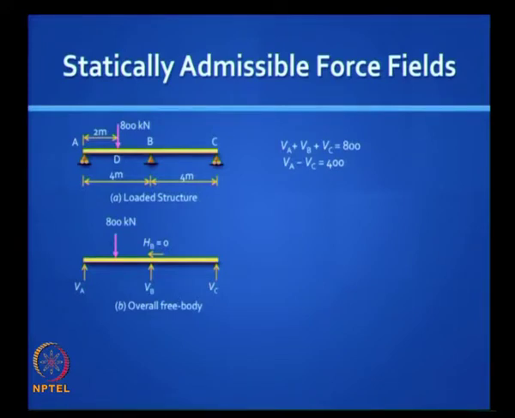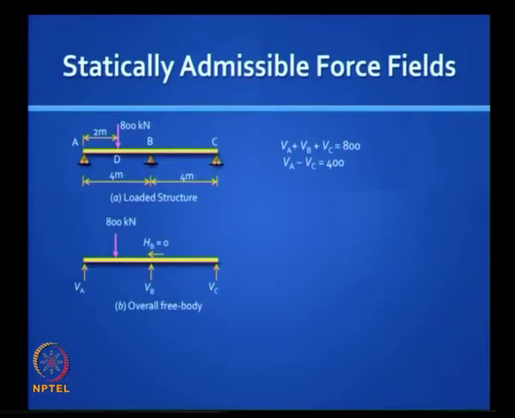So here is the example of a 2-span continuous beam. As you can see, there are 4 reactions possible, 3 vertical reactions and 1 horizontal. That horizontal reaction is clearly equal to 0 if you apply sigma Fx equal to 0, but you have 3 vertical reactions and you have only 2 equations of equilibrium left. You can mix and match the equations, but you have only two independent equations.